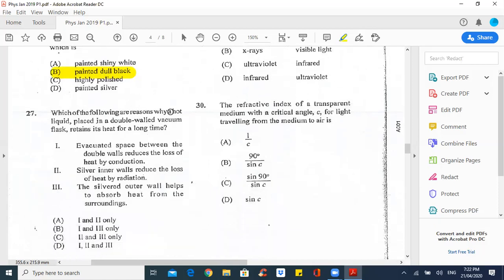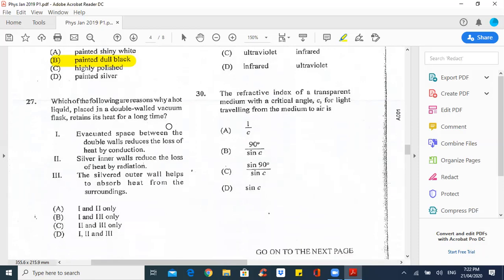Which of the following are reasons why a hot liquid placed in a double-walled vacuum flask retains its heat for a long while? Number one, the evacuated space between the double wall reduces the heat loss due to conduction. So this is true.